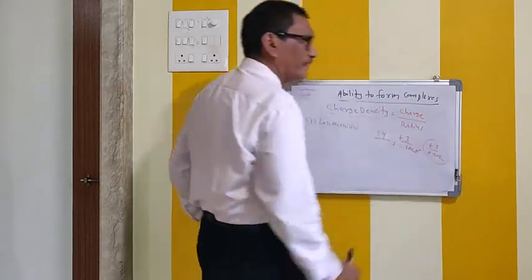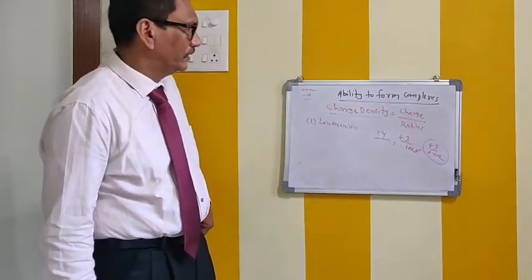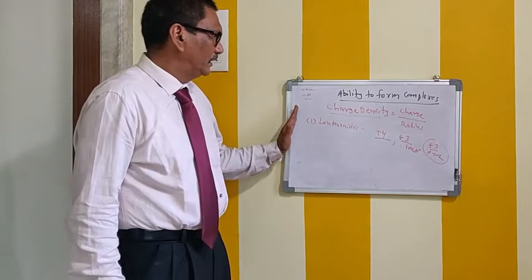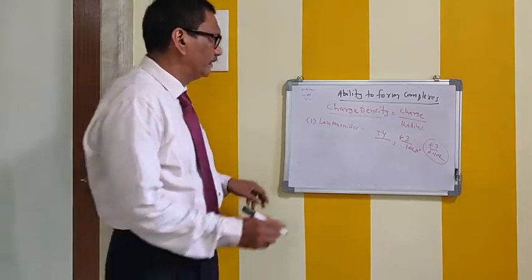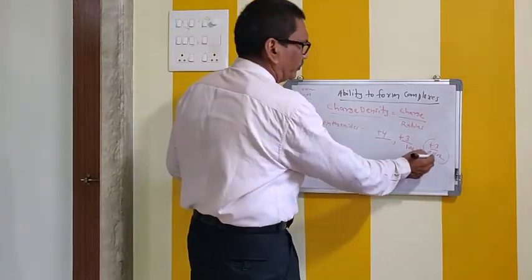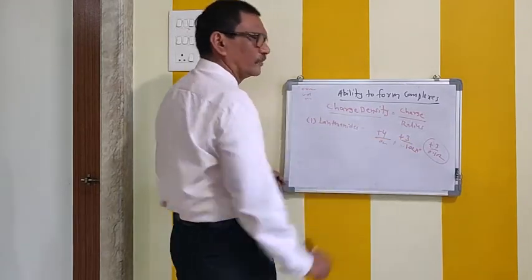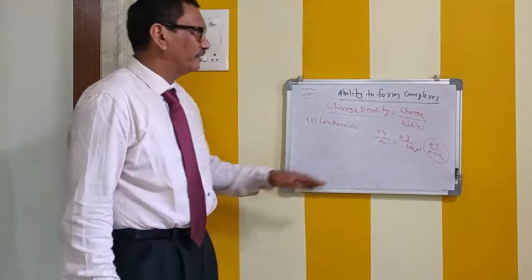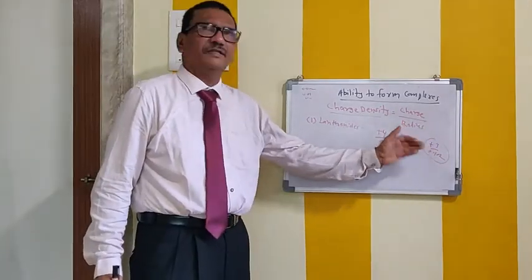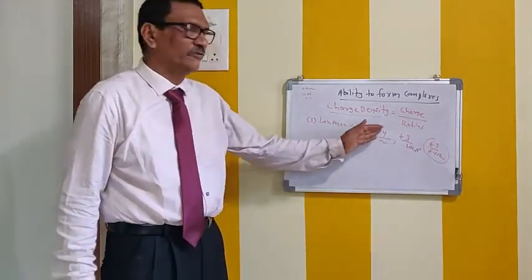Calculate this. How much is there? In the case of the lanthanides, the charge to radius ratio is found to be this. The radius will be slightly shorter again when cerium forms +4.